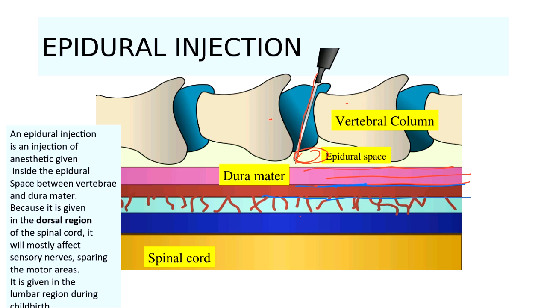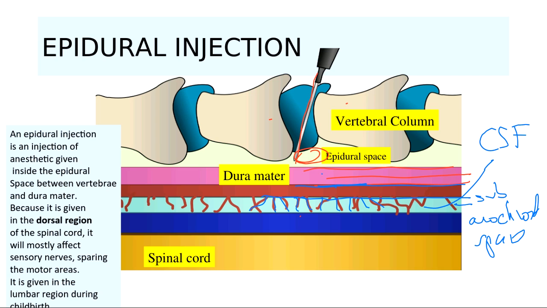All right, so we have dura mater, arachnoid mater. Arachnoid mater is called arachnoid because it has these fibers that come out of it into the space called subarachnoid space, filled with CSF, with cerebrospinal fluid.